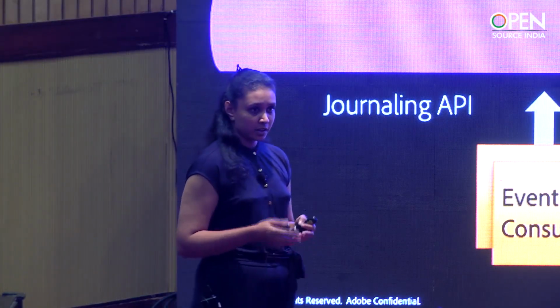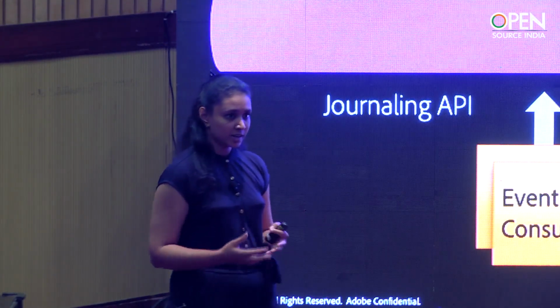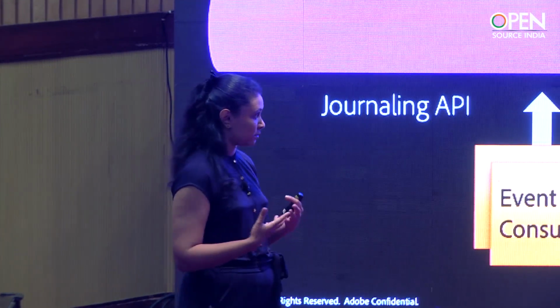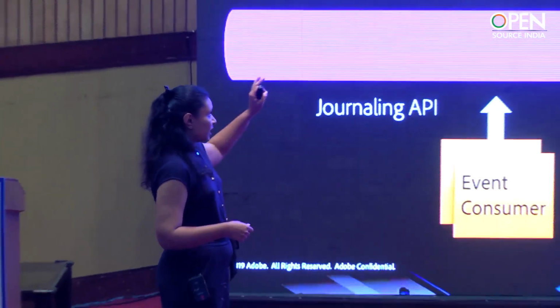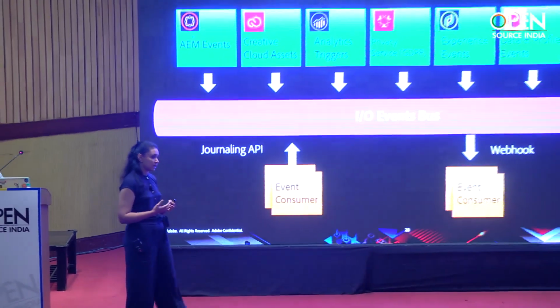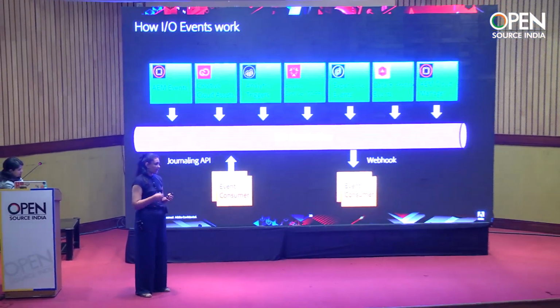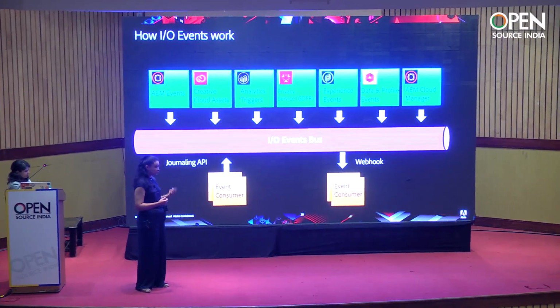So I'm going to go deeper into the architecture of our entire system so that you can understand how we have used various open source technologies in order to build and come up with a very scalable architecture. At the source, we have all our providers, as I've mentioned earlier. The Adobe I/O event bus basically fetches these events from these providers and delivers it to the customers using 2 mechanisms.